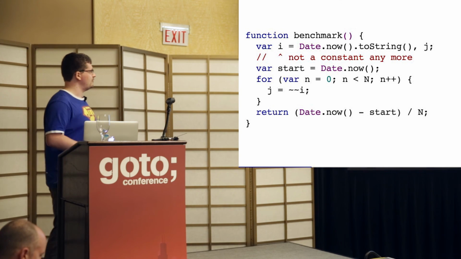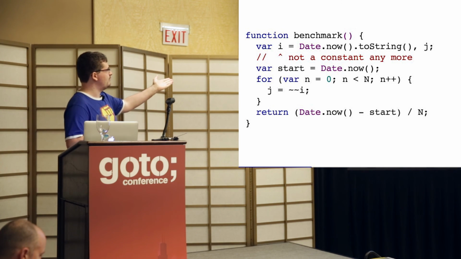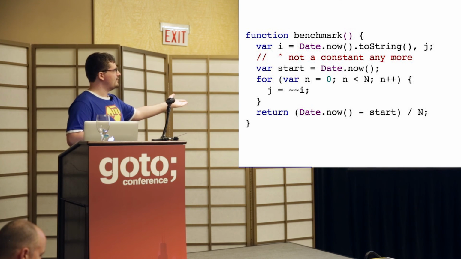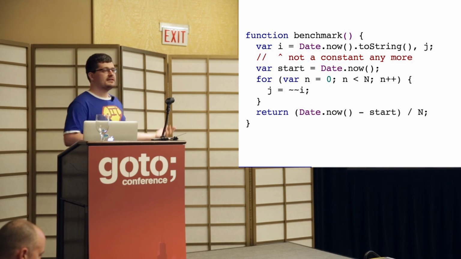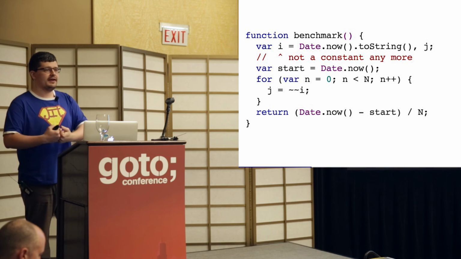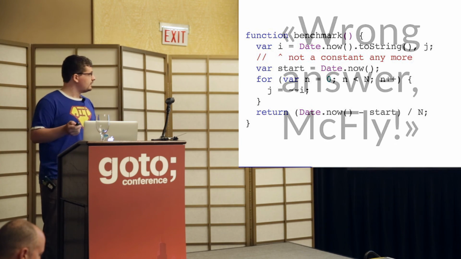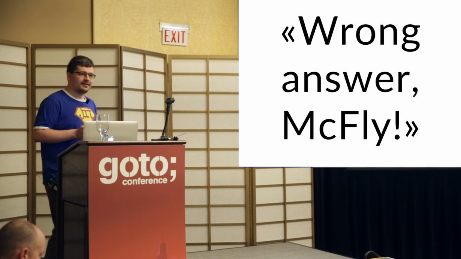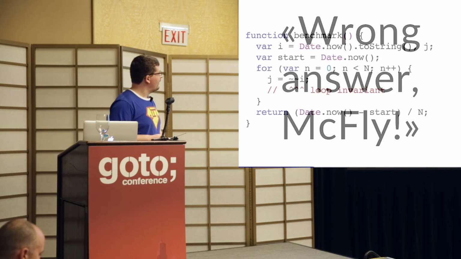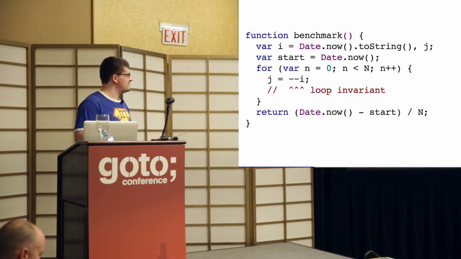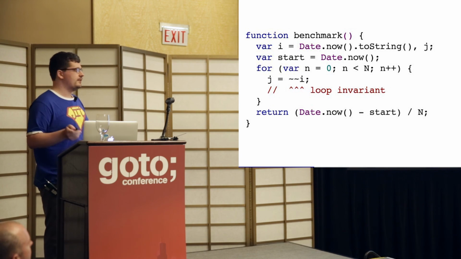It would just look: I is initialized once outside the loop, and it never changes inside the loop. That means the result of applying the tilde operator does not change either. And that means it will screw you up. It will go there and say, this is loop invariant. This whole expression is loop invariant.